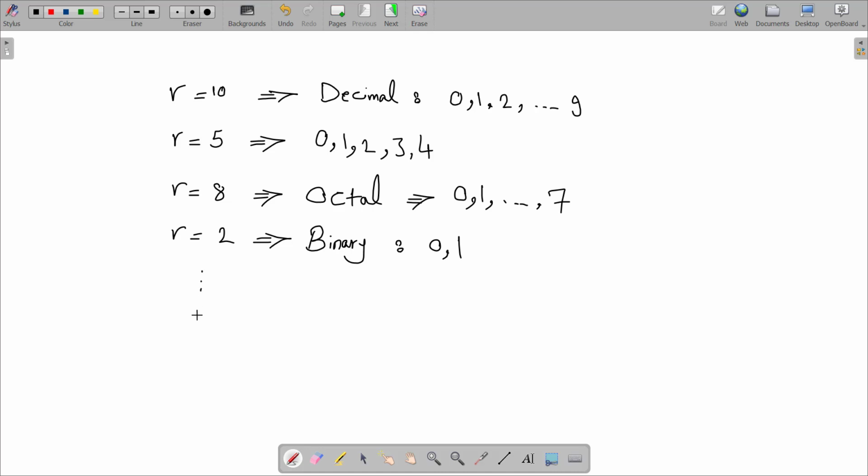Generally, in the R-based system, the digits that we need start from 0 up to R minus 1.